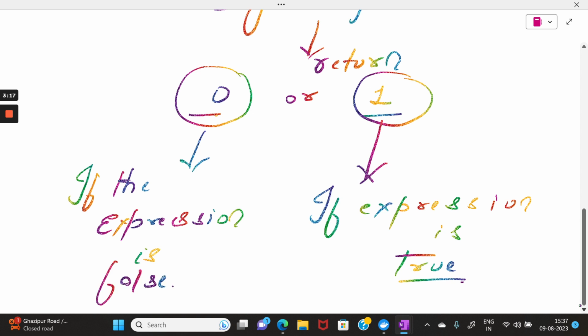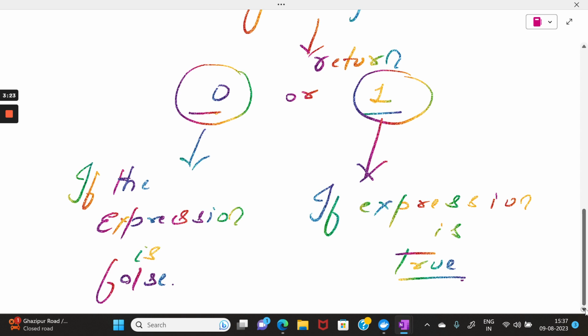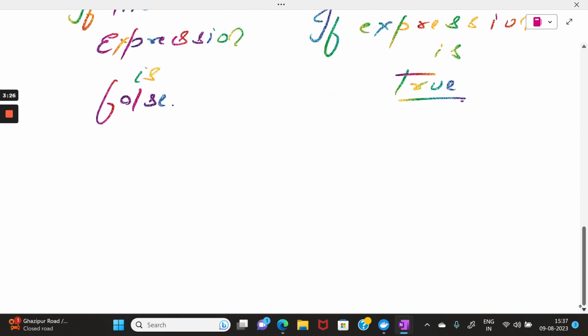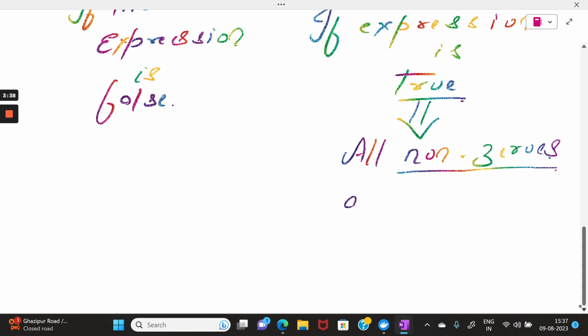What the expression is and how it is being computed, we'll see next. But for now, assume all the non-zeros are considered as true. Not in fact only one, but all the non-zeros are considered as true.